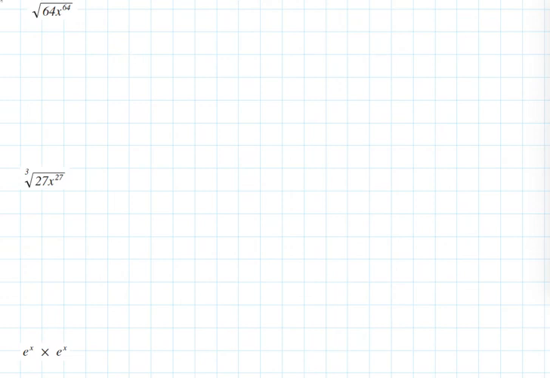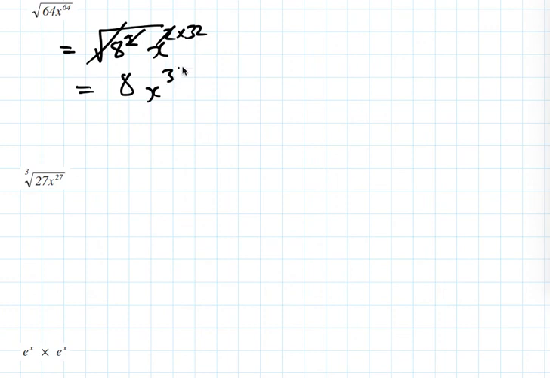You could go 8 times 8, so 8 squared is 64, right? x, and then 2 times 32 is 64. So if we cancel this and this, get rid of that problem, you've got 8x to the power of 32.